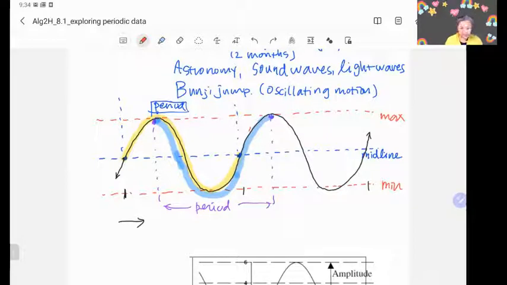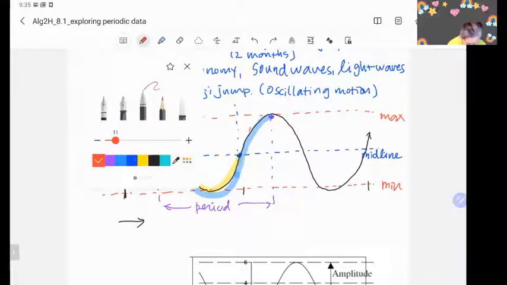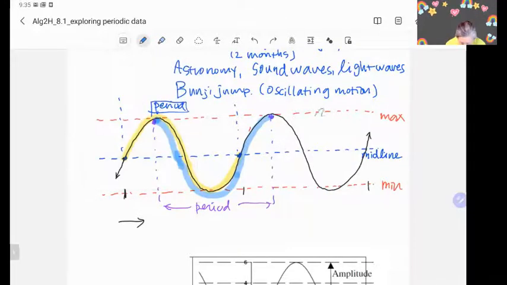Then there's another one that we have to know. We can see the midline in the middle of maximum and minimum. We measure how far either the maximum or minimum is from that midline, and we call that amplitude. So here, this is amplitude, and here is also amplitude.